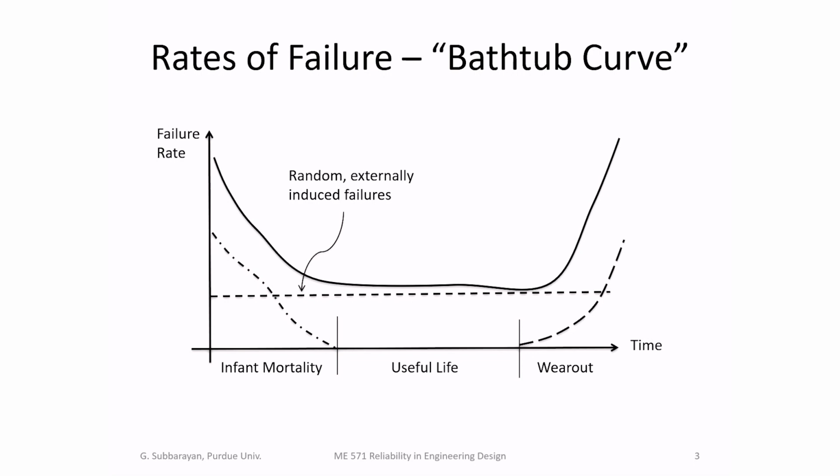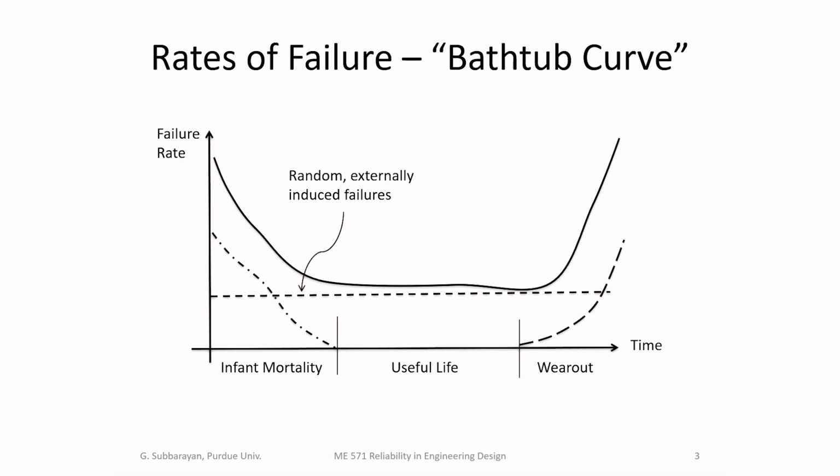Then you have a part where the failure rate is nearly constant, but random, and that is the useful life. Then as the product nears its end of life, you've reached the design life of the product, and you have an increasing rate of failure, and that is the wear out stage. This curve is called the bathtub curve.